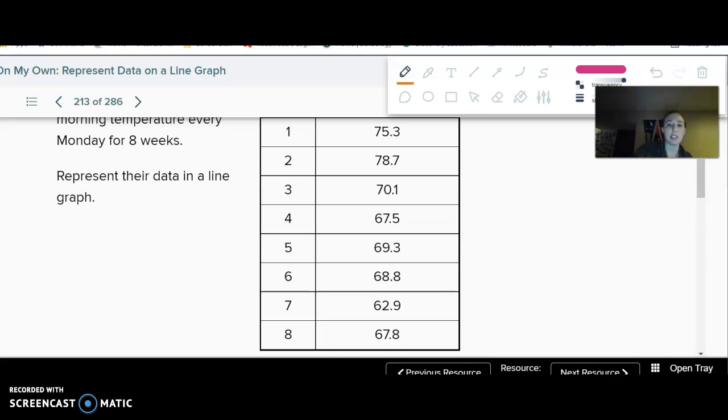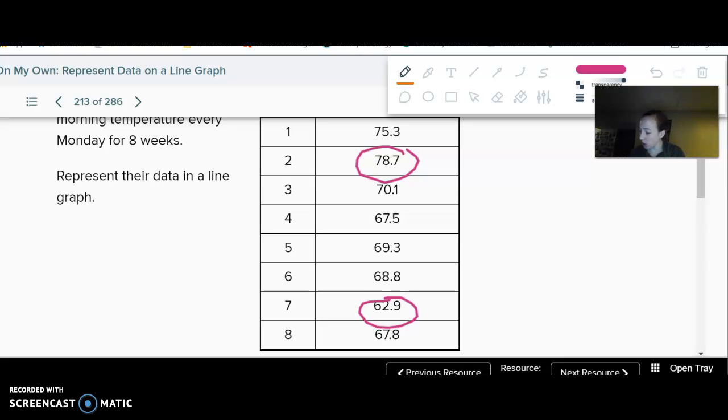But notice there is a lower one here and there's one that's higher. Sometimes the middle ones can be lower or higher. This one doesn't follow that nice upward or downward pattern. So then we have to make sure we include those. So that's why 60 to 80 would be a good scale for that.